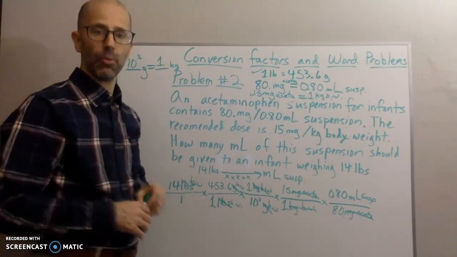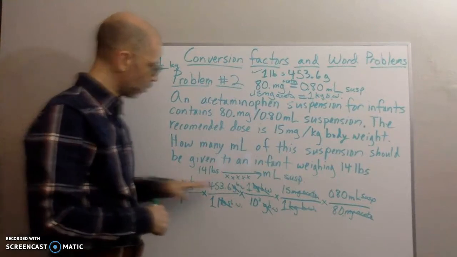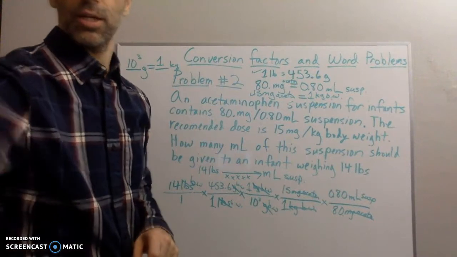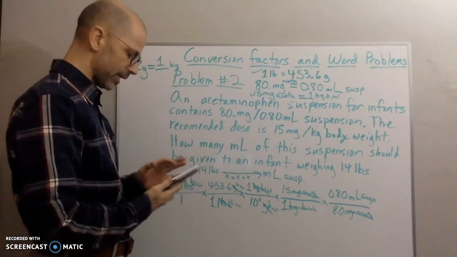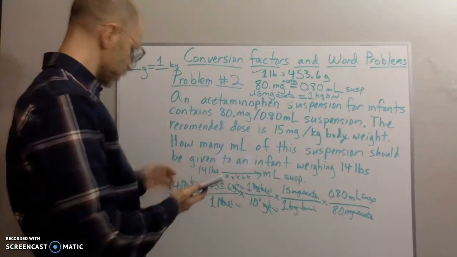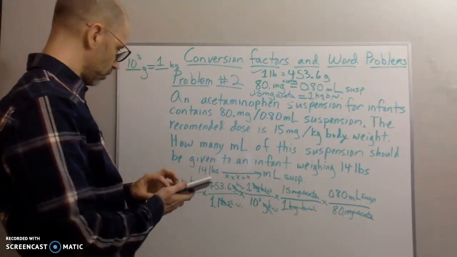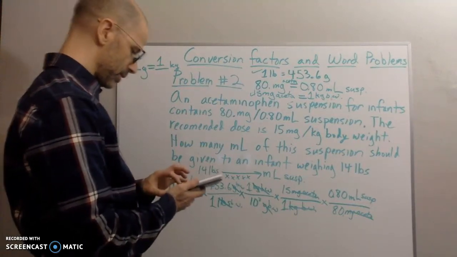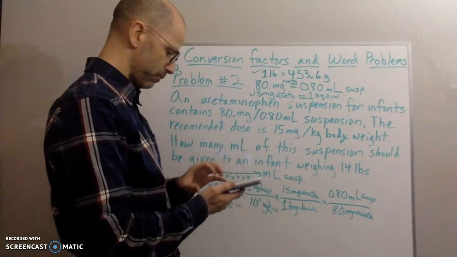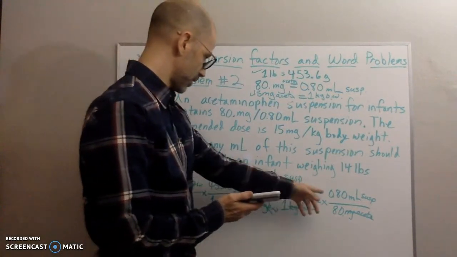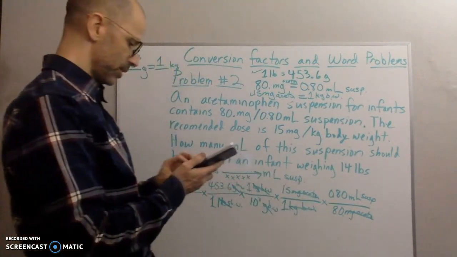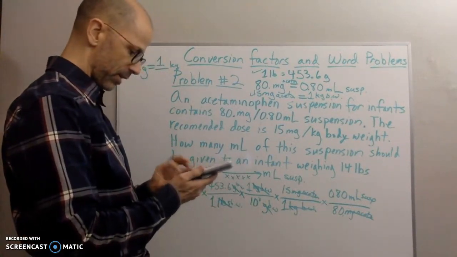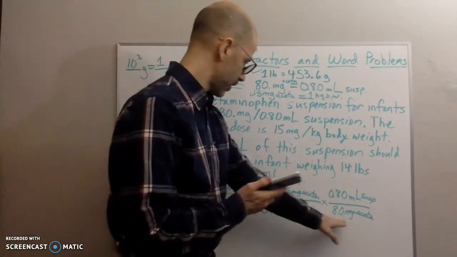So now at this point, it's just taking your calculator, multiplying across the top, dividing by what's on the bottom. Ignore the ones. So let's calculate this out really quick. I have 14 multiplied by 453.6 multiplied by 15 multiplied by 0.80, divided by 1,000, divided by 1,000, and then divided by 80.